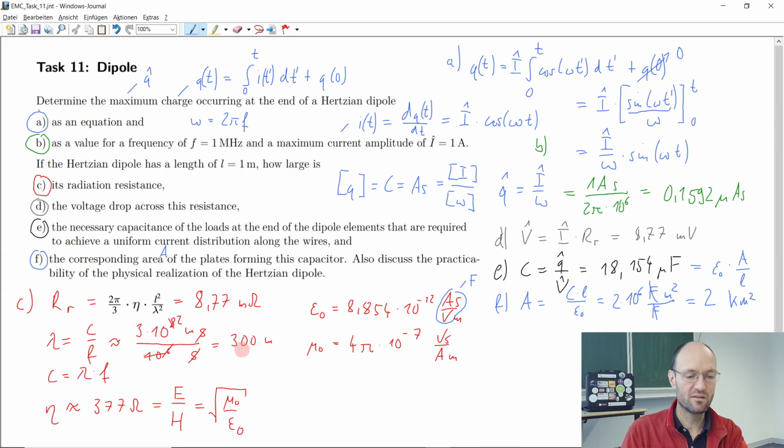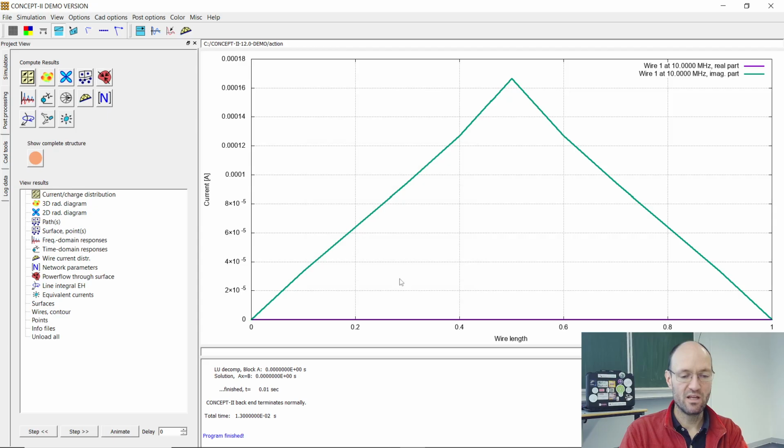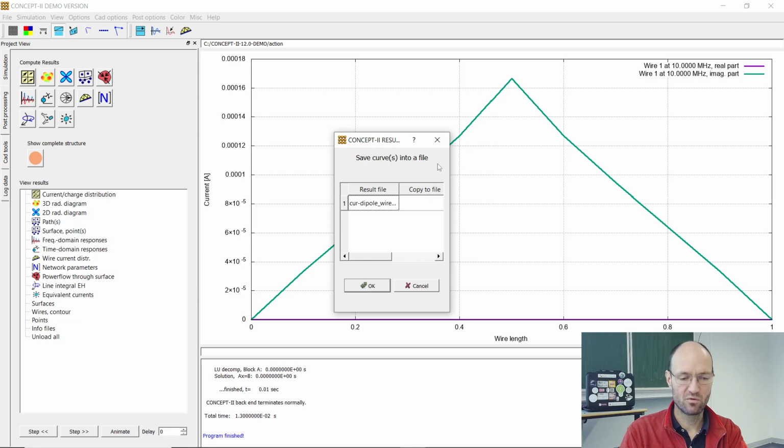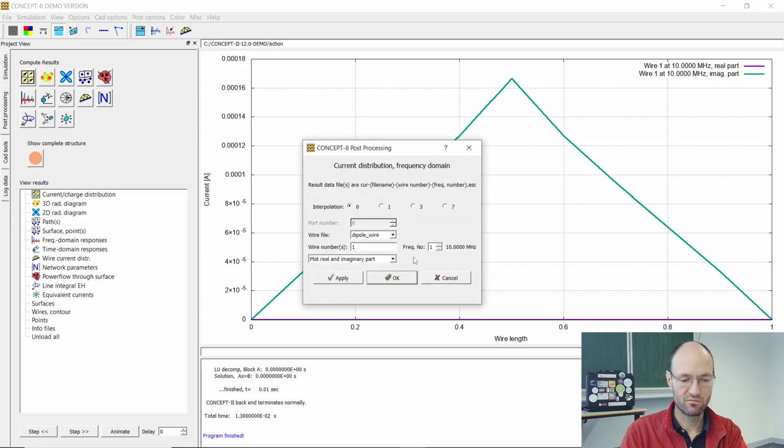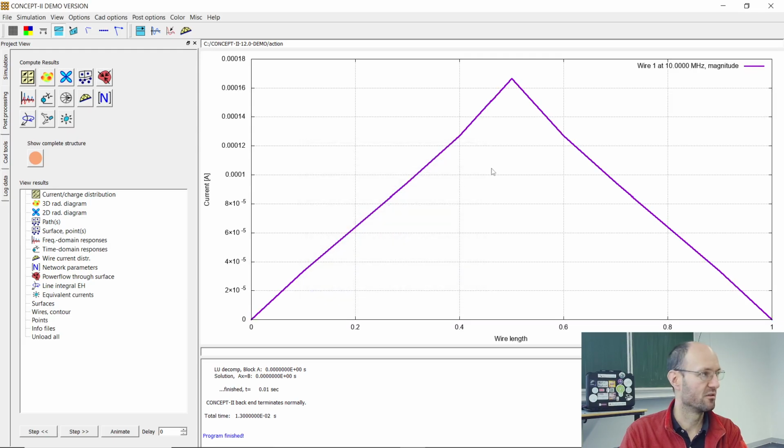But 30 meters in comparison with the 1 meter is still long. Or our dipole is still short in comparison with the wavelength. So nothing should change. And nothing changes. Now this is unfortunately really the imaginary part that is plotted here, because I think this did not save this setting, but okay, for the magnitude it's still looking the same.